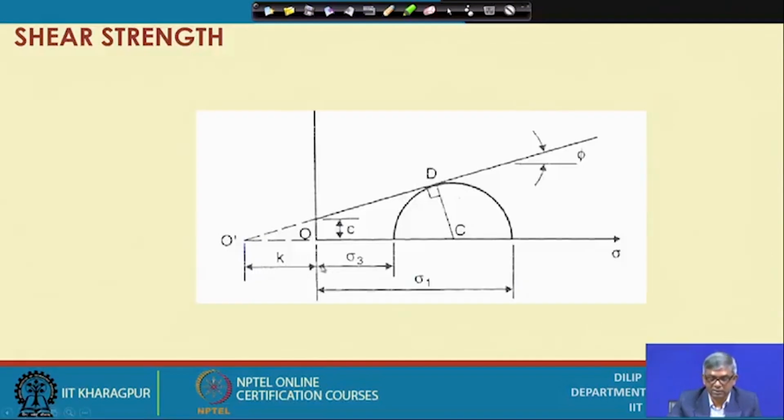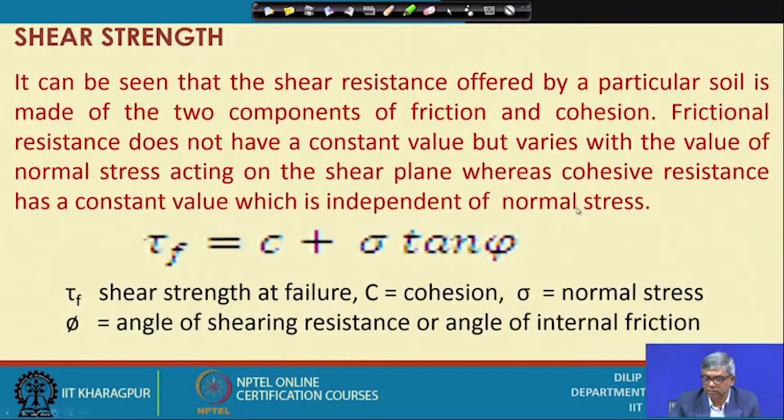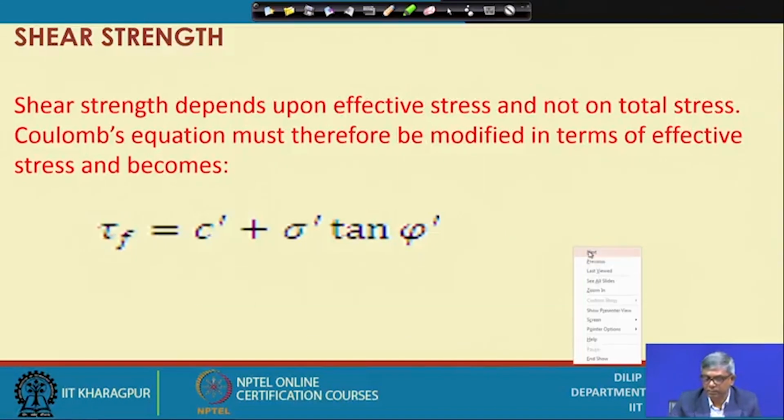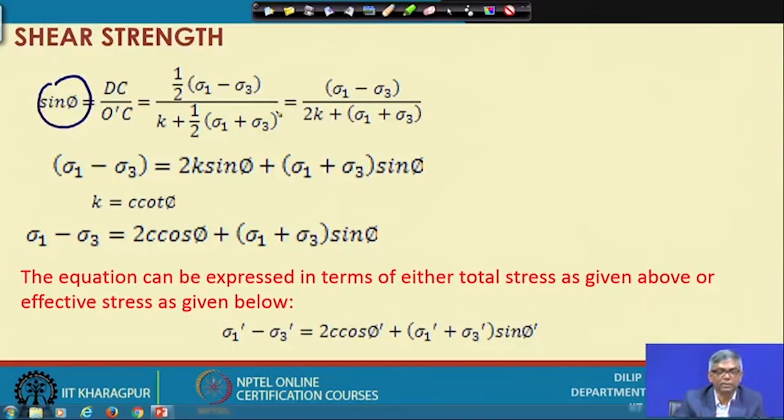So, this plus this, and this one is half of sigma 1 plus sigma 3. So, half of sigma 1 minus sigma 3 over k plus half of sigma 1 plus sigma 3. This is sin phi if I express it in this form.